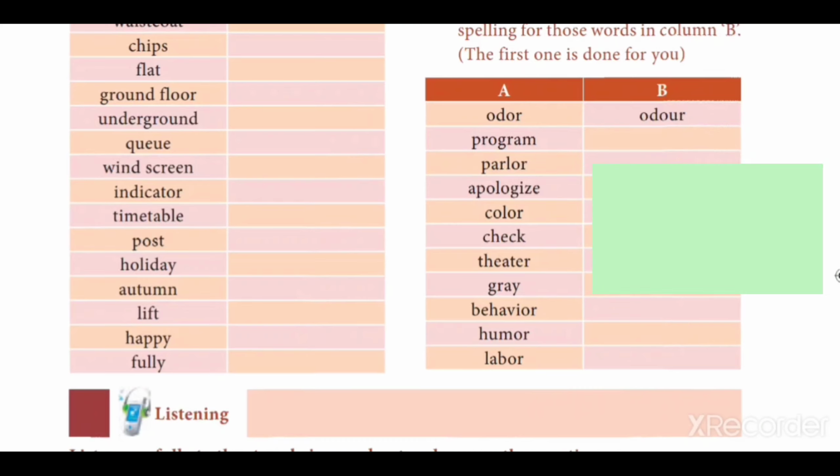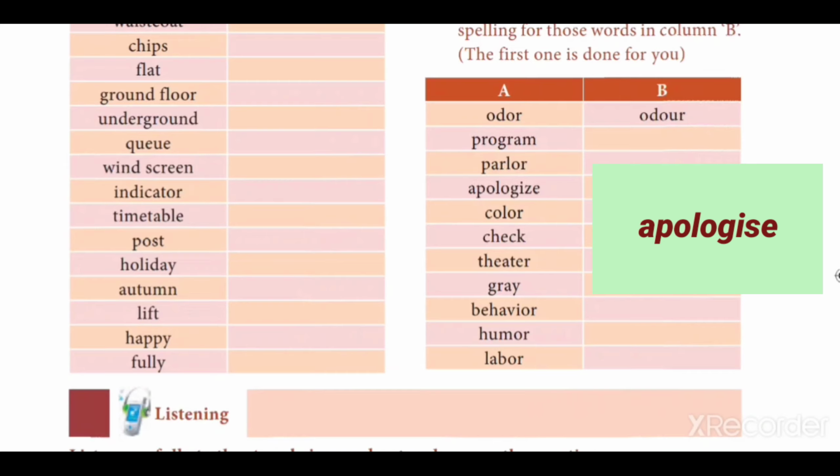And for program, the spelling is PROGRAMME, and for parlor the spelling is PARLOUR, and for apologize the spelling is APOLOGISE.